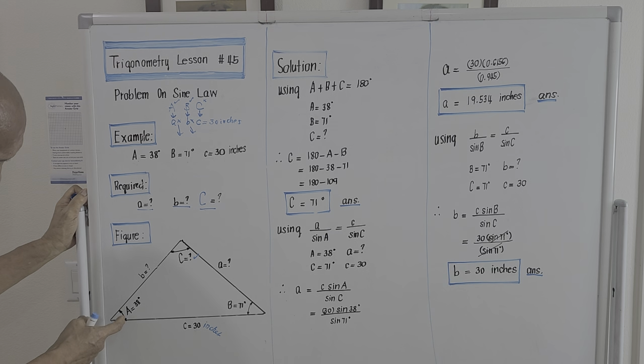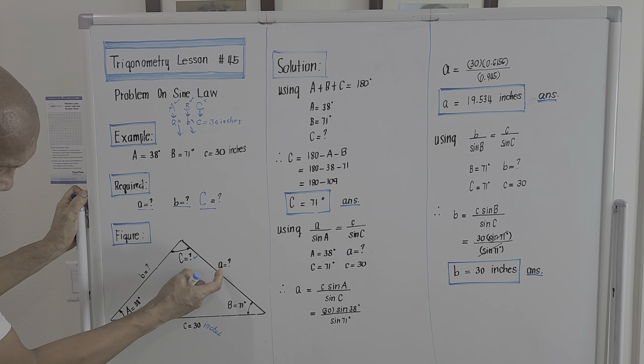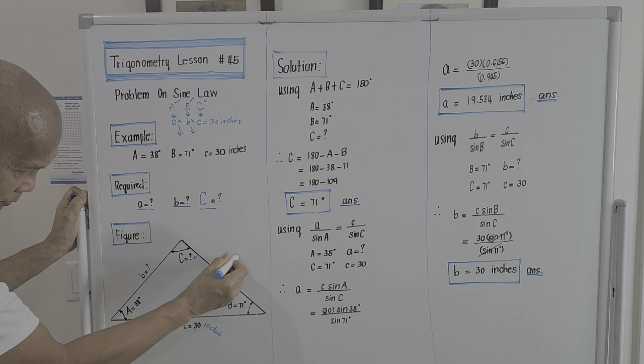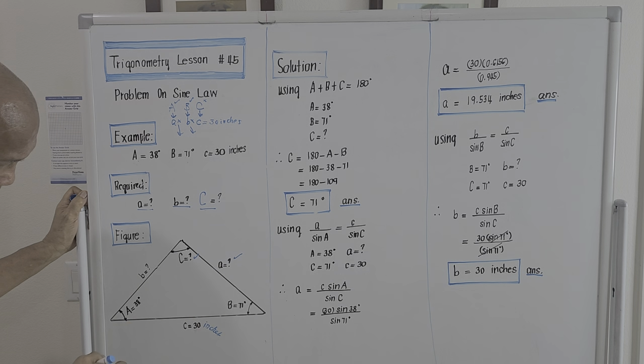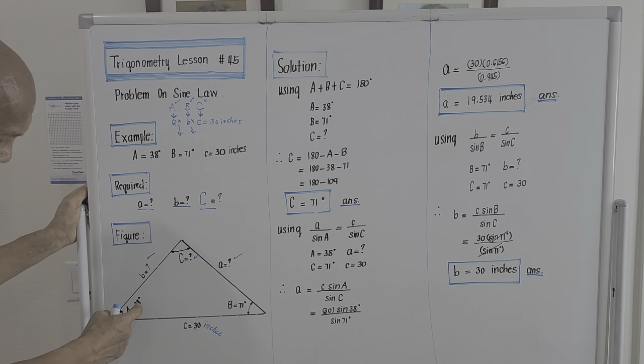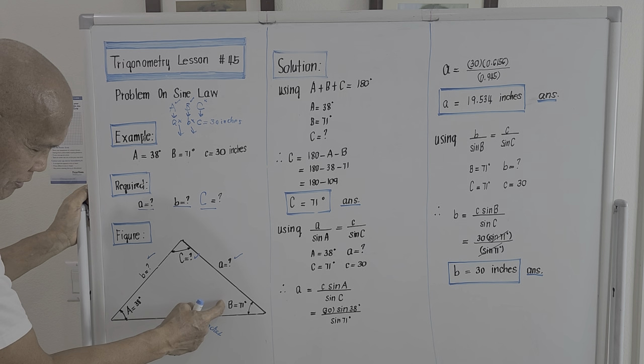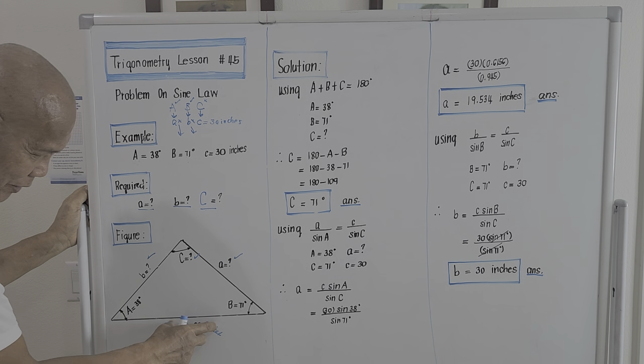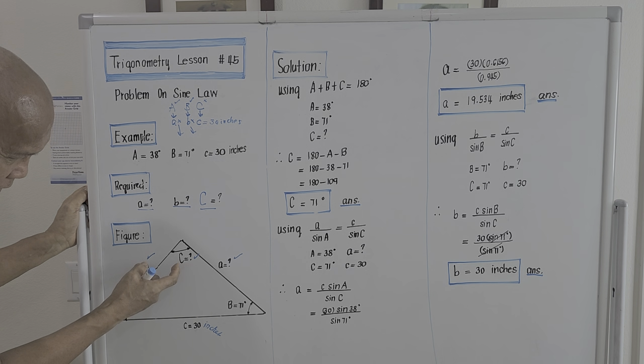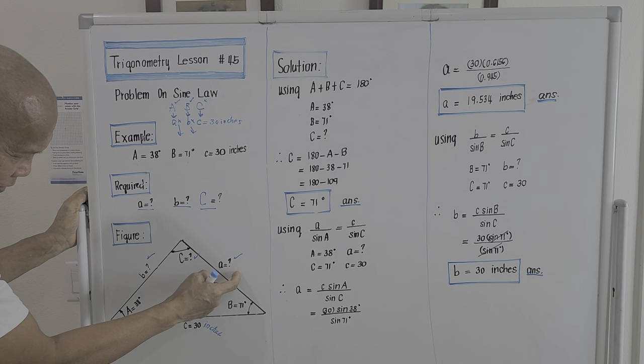The side opposite interior angle A is side a, so we are also looking for this one. And the side opposite interior angle B is side b, and also we are looking for this one. So we are given two interior angles and one side, and we are looking for interior angle C, side a, and side b.